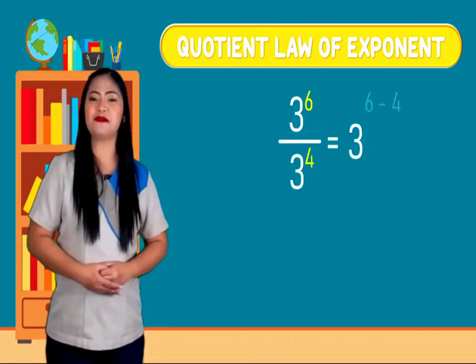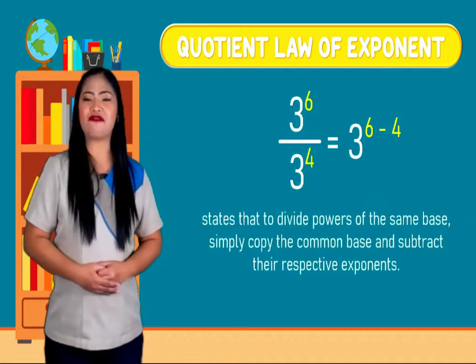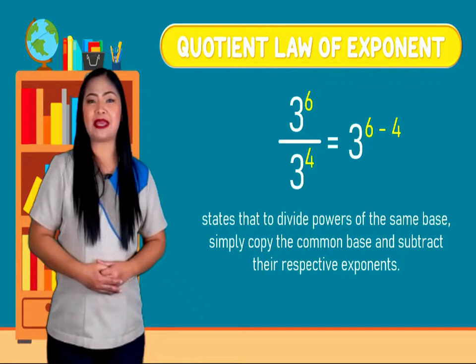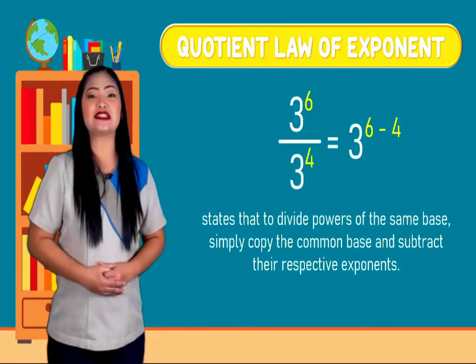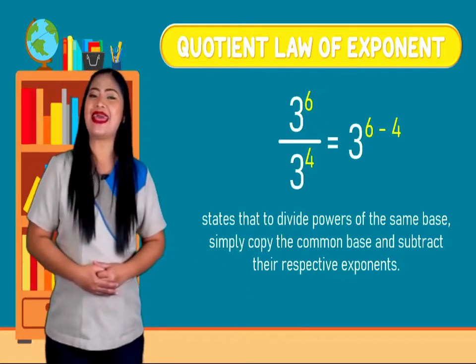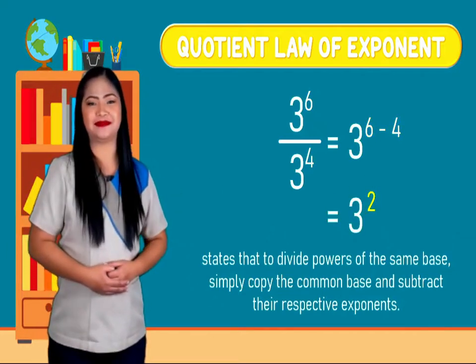Then, that will be 6 minus 4. Quotient law of exponents states that when we are dividing powers of the same base, simply copy the common base and subtract their respective exponents. So, that gives us 3 raised to the 2nd power.